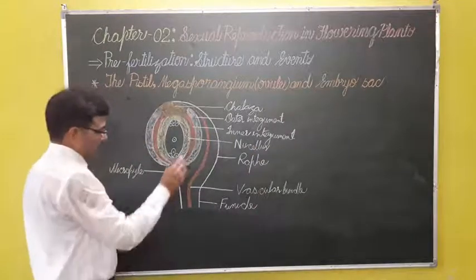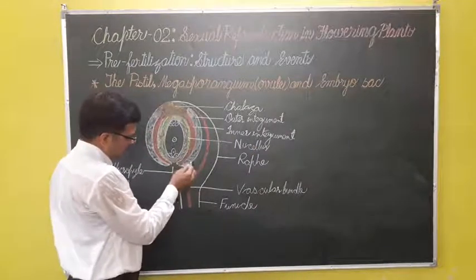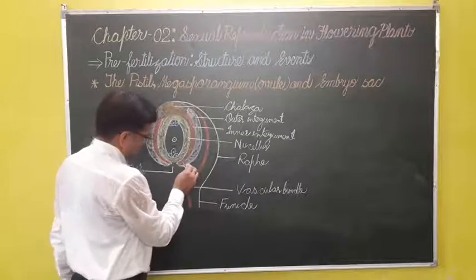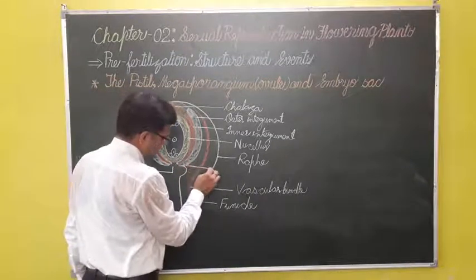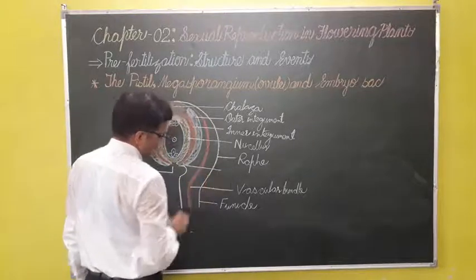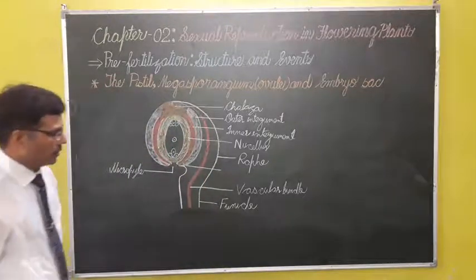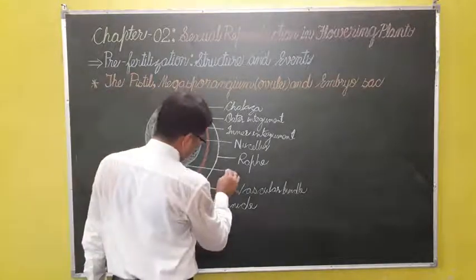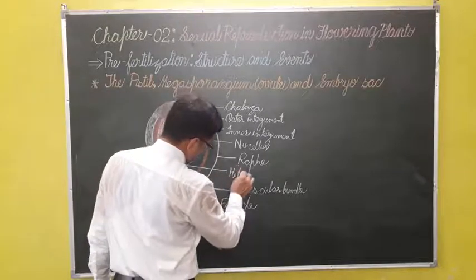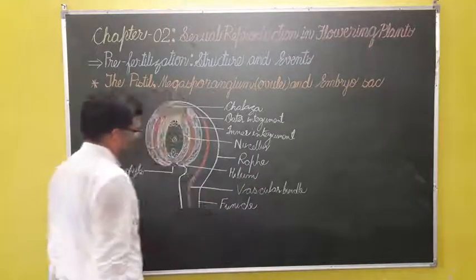And this part of the funicle, which is just touching the body of the ovule, is called hilum. Right?